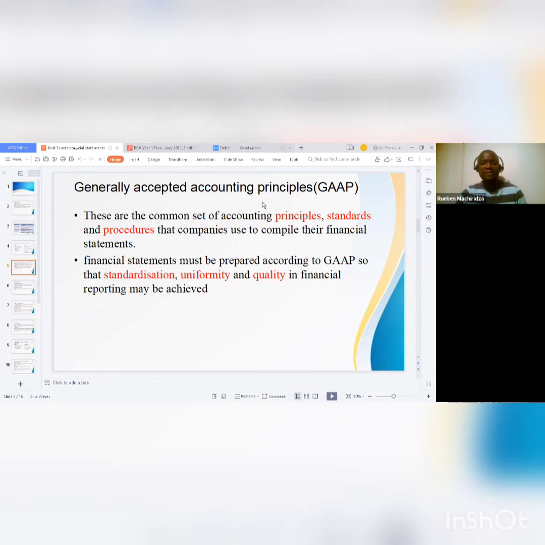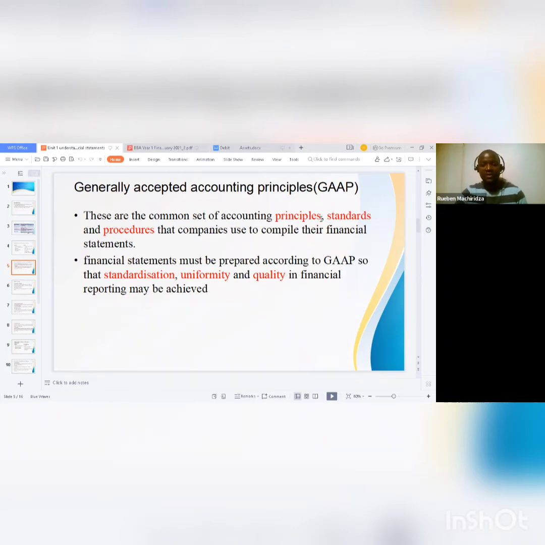If you look at the definition I gave here, these are the common set of accounting principles, standards, and procedures that companies use to compile their financial statements. To compile the financial statements of a company, you need to follow these principles, standards, and procedures.